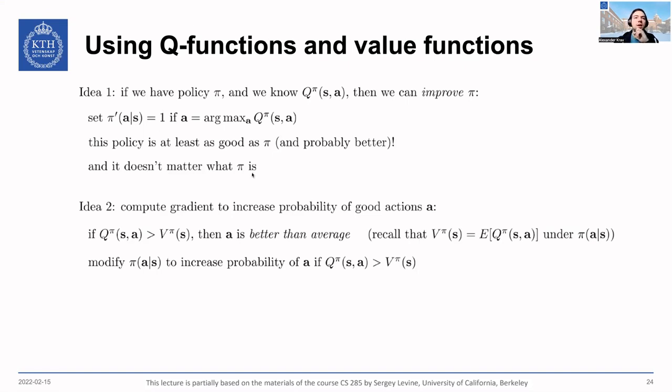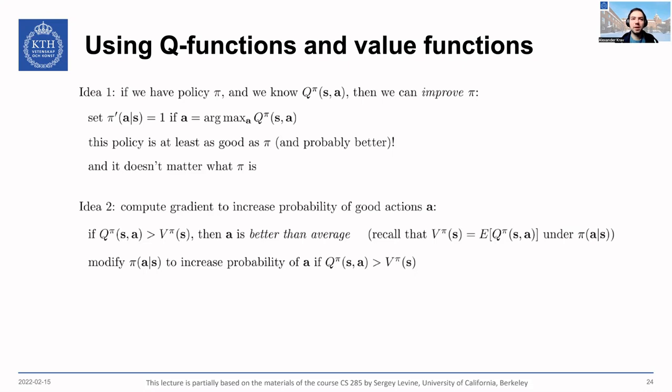By doing this simple thing iteratively, you can actually improve the policy slowly just by using the Q function. And then we'll talk about how to get the Q functions later.